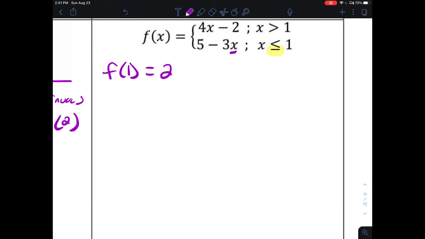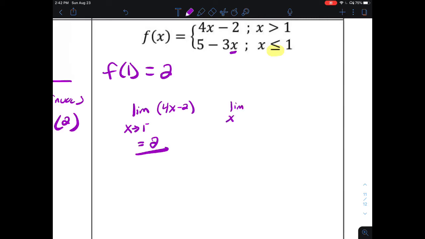Now I proceed to find the limit as x approaches 1. Because I have two different functions at 1, I'm going to have to evaluate the left-side and the right-side limit in order to figure out what the two-sided limit is. For the left-sided limit, I would use the function 4x minus 2, and I could plug 1 in immediately, and I would get an answer of 2. So the left-sided limit is 2.